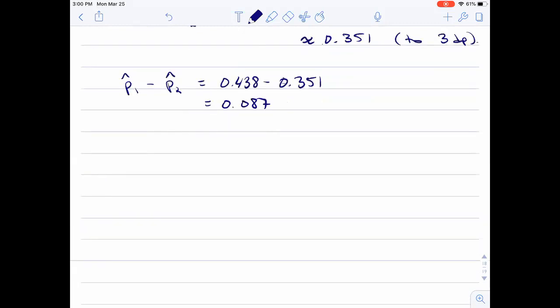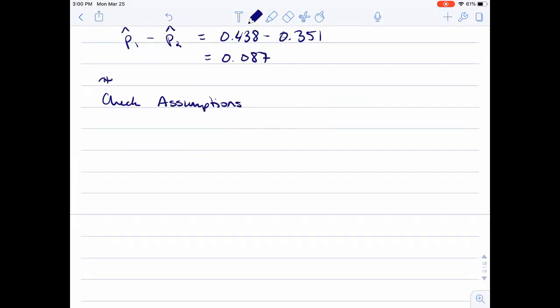Before we do part B and part C, we're going to check the assumptions. There are a lot of them, but I'm going to break them up into the independence assumption and then the normality assumption.